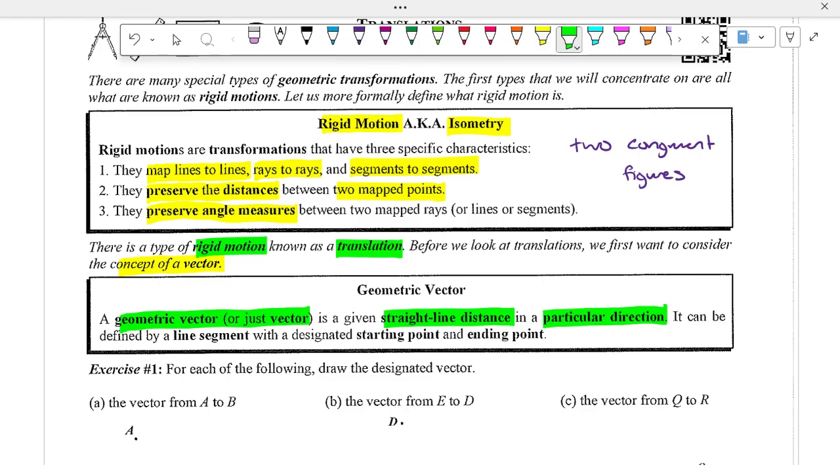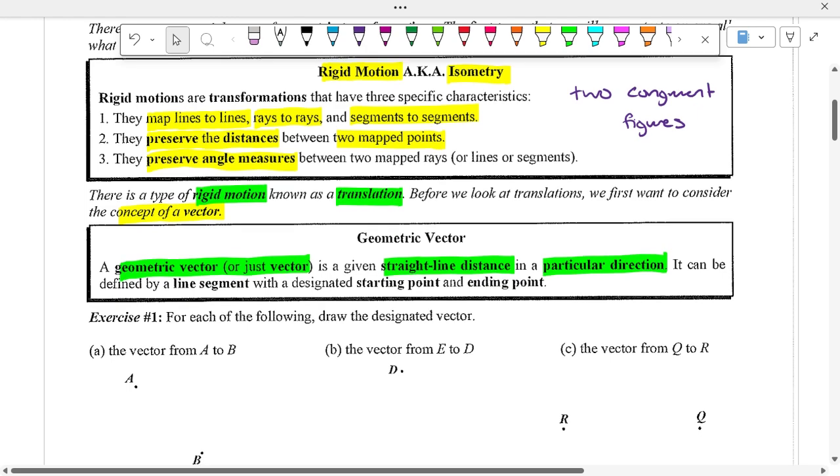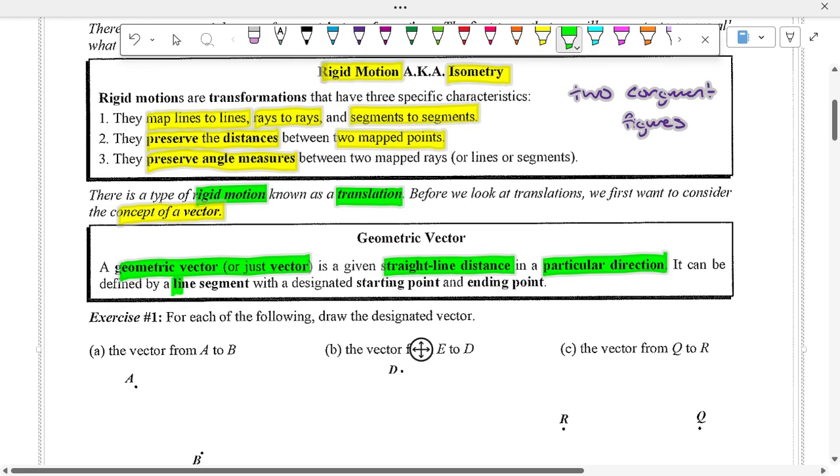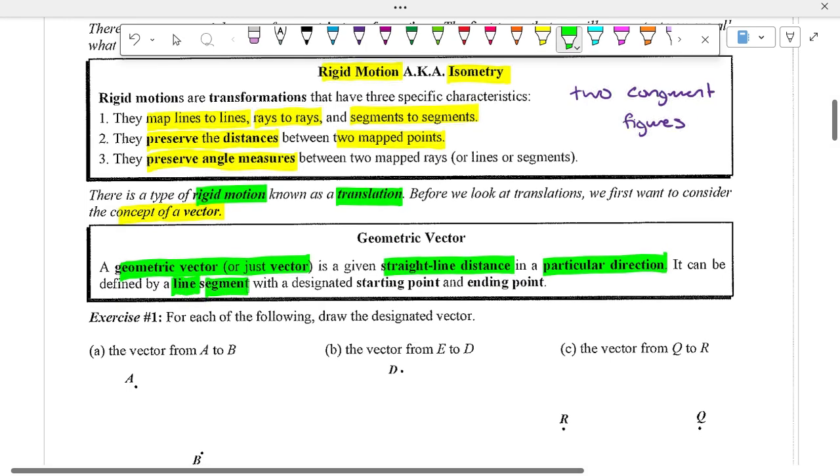All right, it's a line in a specific direction. That's a vector, going in a specific direction. So essentially, it can be defined as a line segment with a designated starting point and ending point. So typically, it tells you where to start and then where it ends.